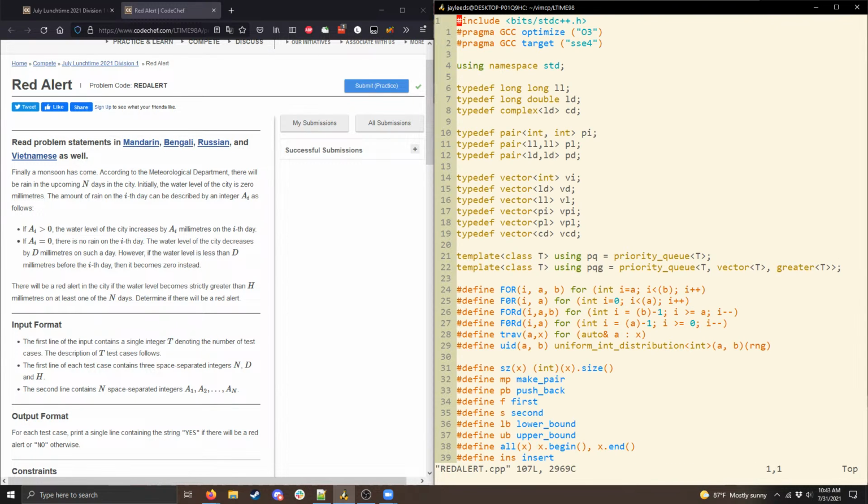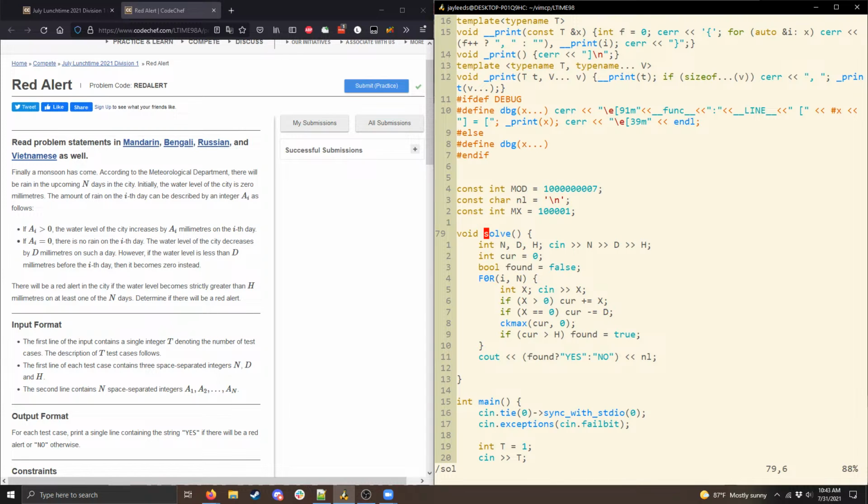simulation problem. Essentially, we're just going to go day by day, and we're going to compute the water level at each day, and then I'm going to maintain this variable found, and that's going to store whether or not a day with water level greater than h has been found yet.